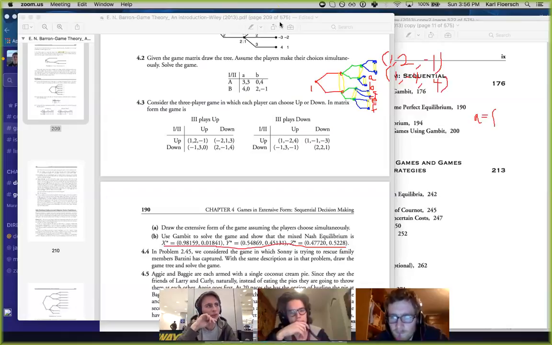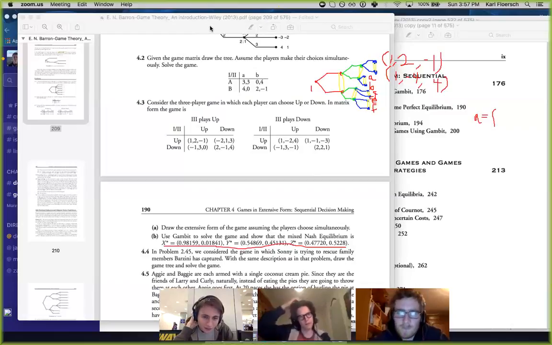I think we've only done 2-player games so far. So I think it may be a little too difficult, but at least we know the general structure. It was a pretty simple formulation. Do you mind if I erase our beautiful work? Oh, I don't mind.